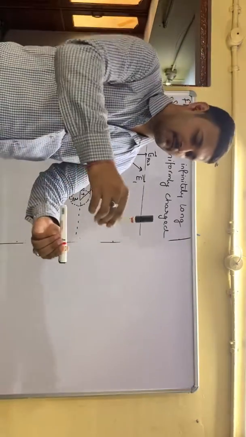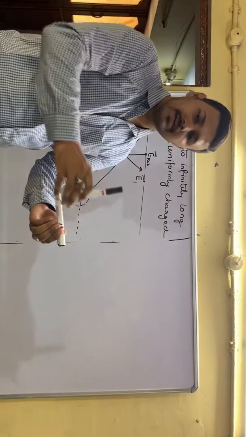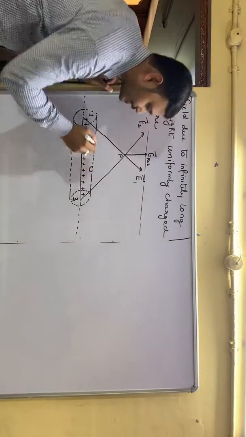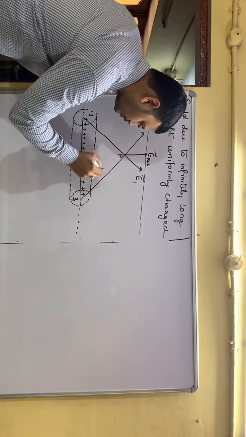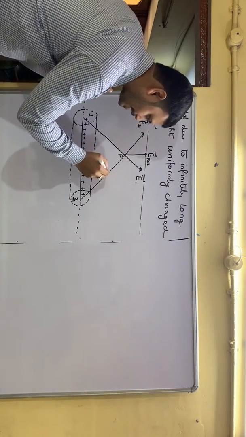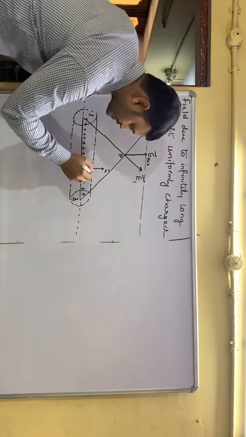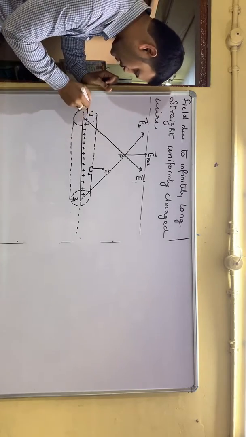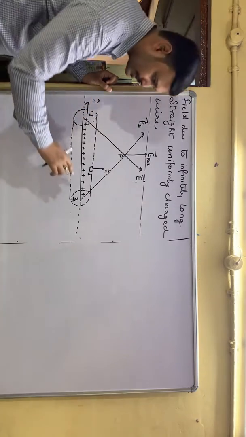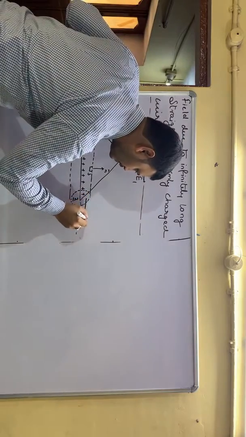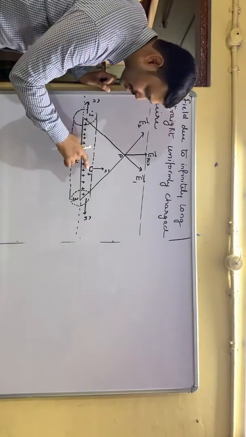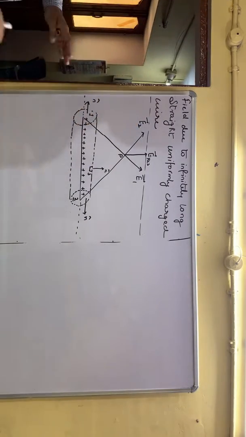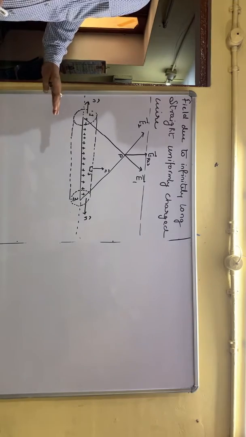If we take an infinitely small area here, we can draw a normal in this direction, marked as unit vector n. This is your third surface. When this is the first surface, the normal will be in this direction. This is the second surface, the normal will be in this direction. And this is the third surface, the normal is in this direction. I hope the diagram is very clear to you.